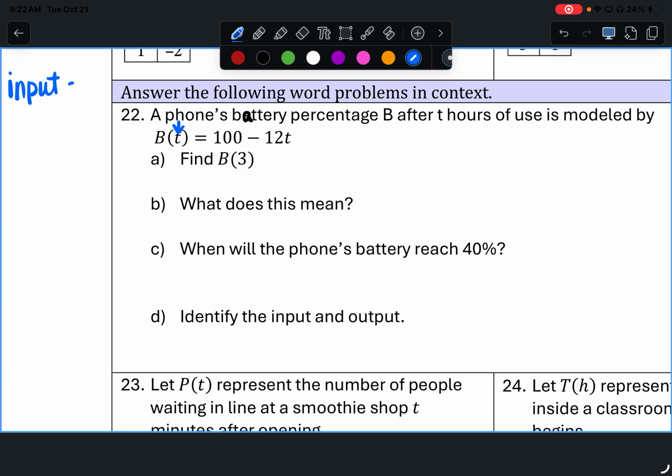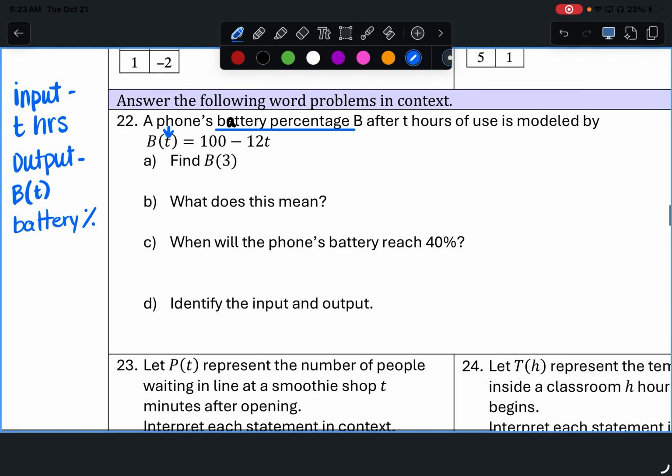So my input is T hours. Then my output is the function itself, so B of T. What does B of T represent? Battery percentage. So that is our battery percentage.